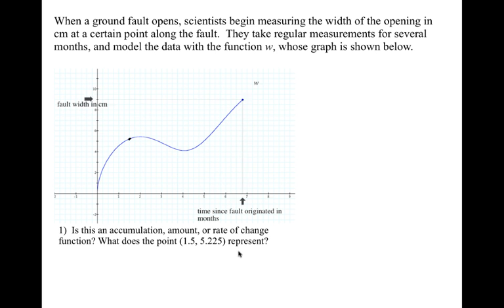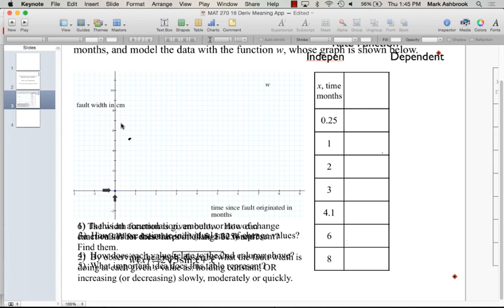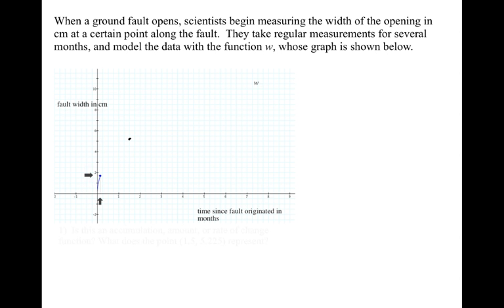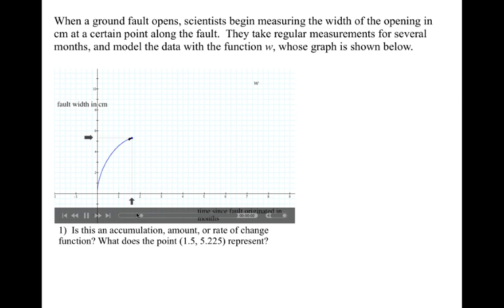At 1.5 months, the fault width is 5.225 centimeters. Okay? The point does not mean the width. It means the simultaneous values of those two variables taken together. Right? So the width is what? How do we express the width? Right, and on the graph, what is that?